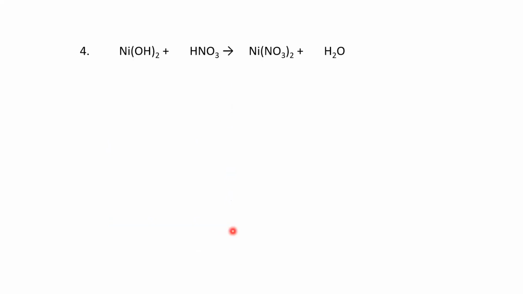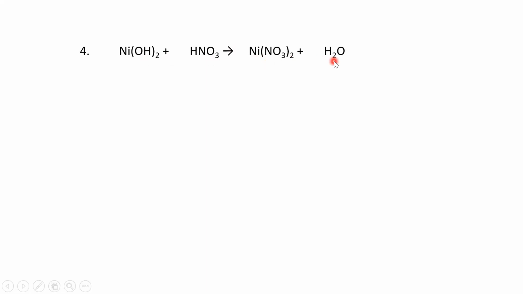All right, this one's a little bit harder. Give you a minute and see if you can balance this out. We've got nickel hydroxide reacting with nitric acid to produce nickel nitrate and water.